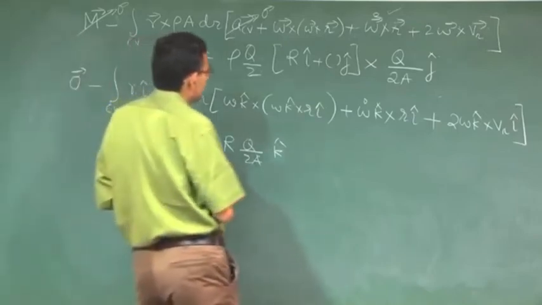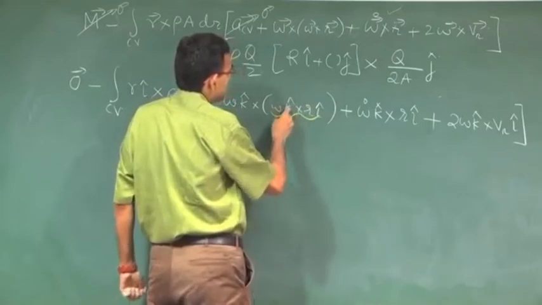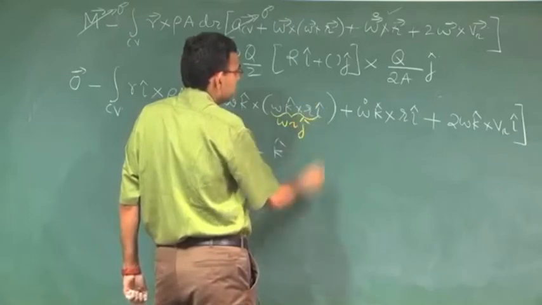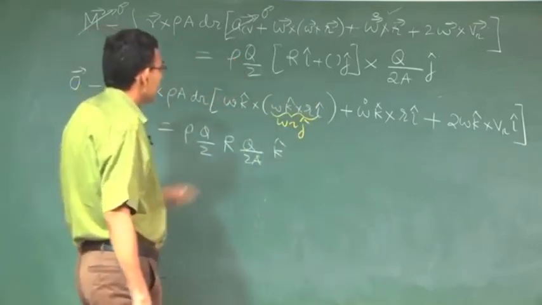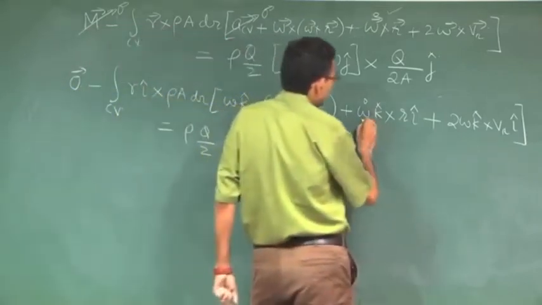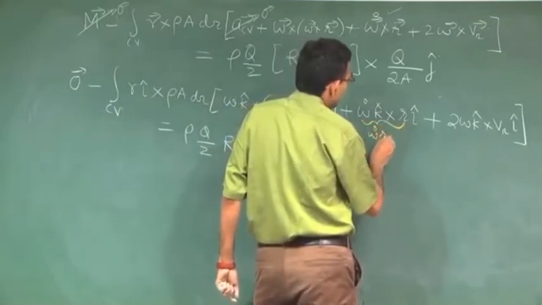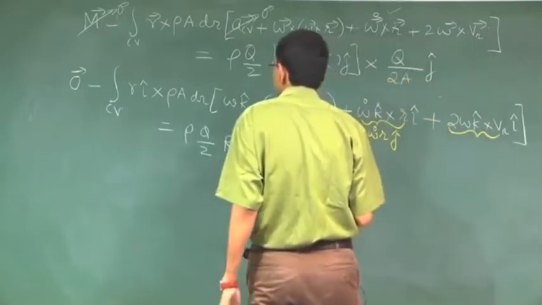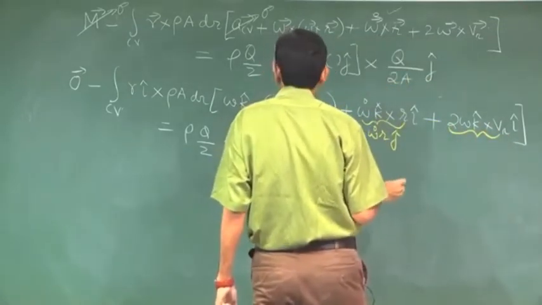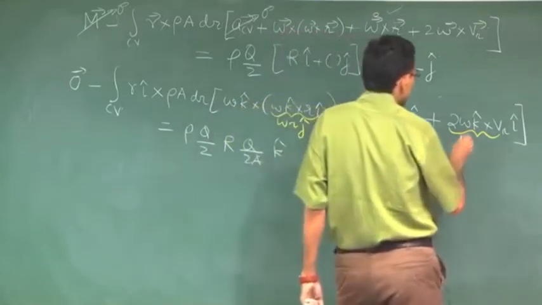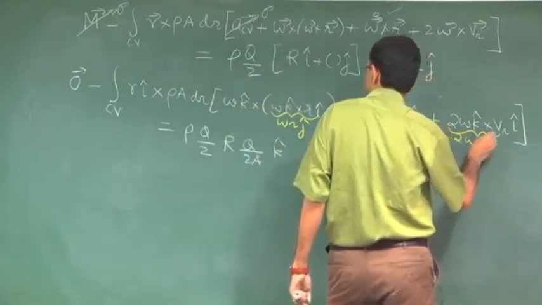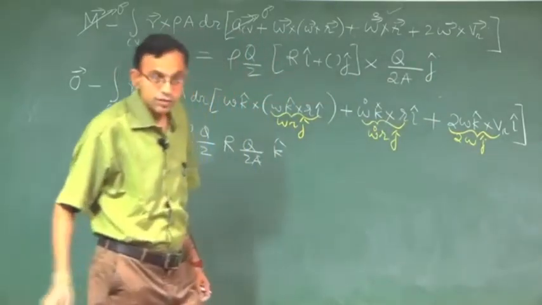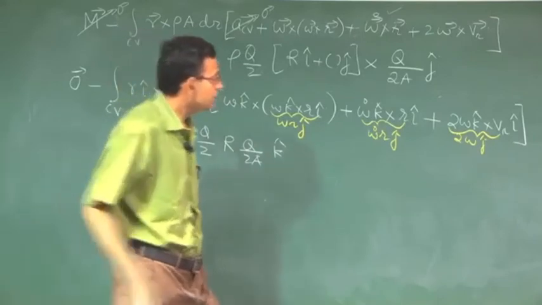So this is k cross i is j, so omega r j, here also omega dot r j, and here is 2 omega Vr j, right.